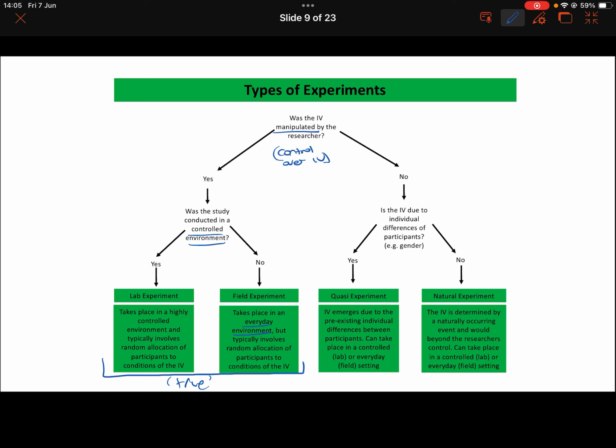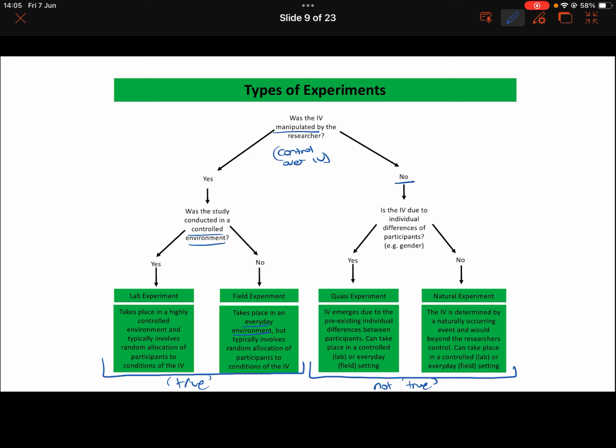So going back to the top, was the IV manipulated by the researcher? If the answer is no, in that the IV was naturally occurring due to either an external event or individual differences between people, if the IV already exists and the researcher is simply measuring the DV, then we're looking at an experiment that is not classed as true.